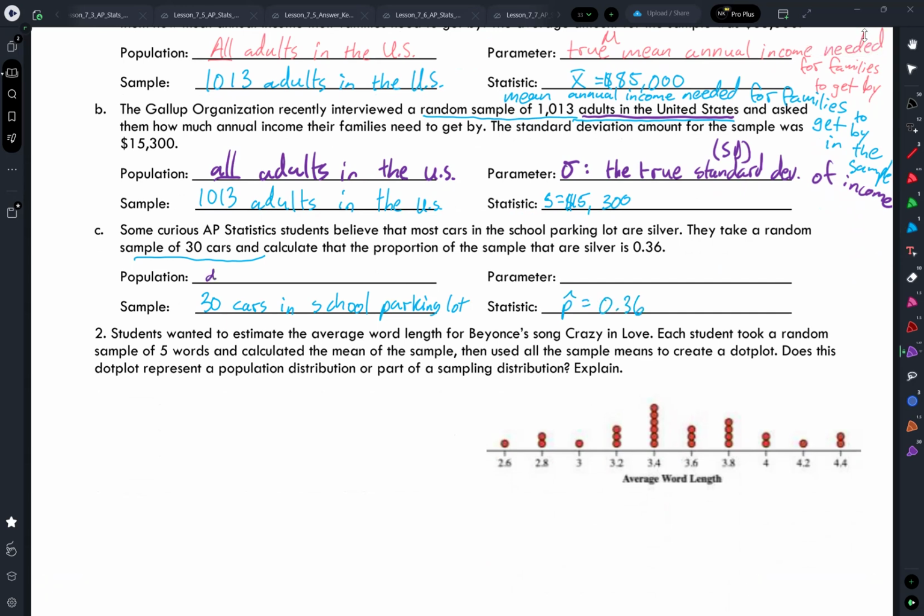And then the population would just be all cars in the school parking lot. And then the parameter P would be 0.36. Nope. Man, that's what I get for being distracted. P is the true proportion of silver cars.